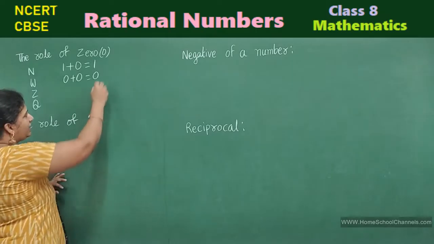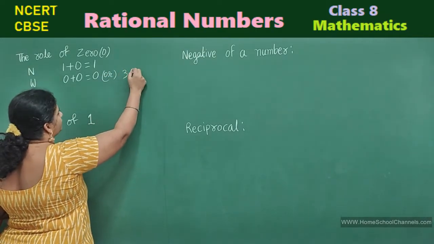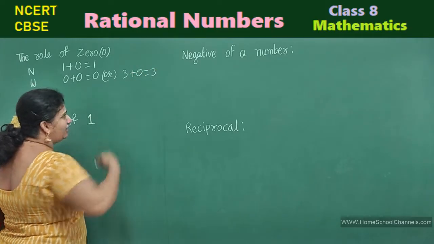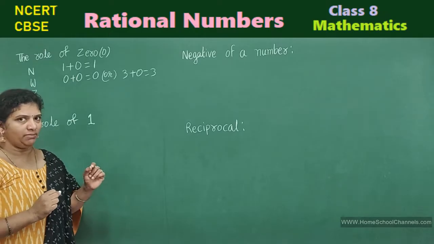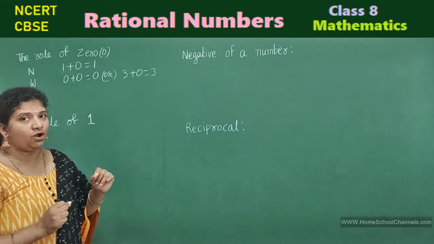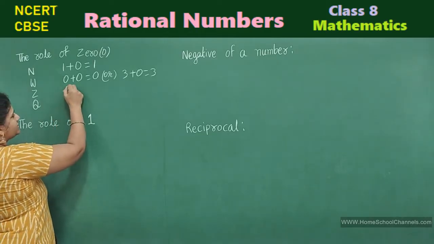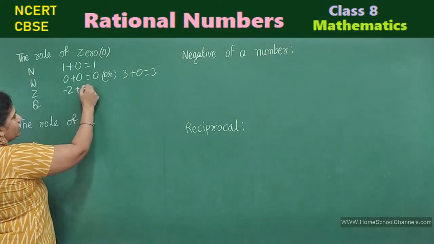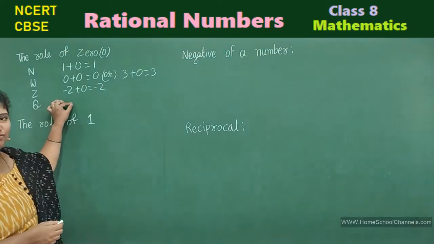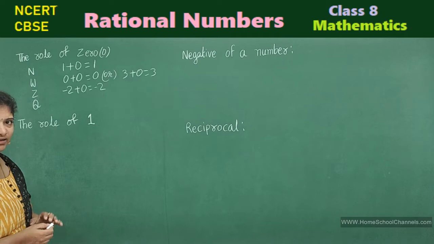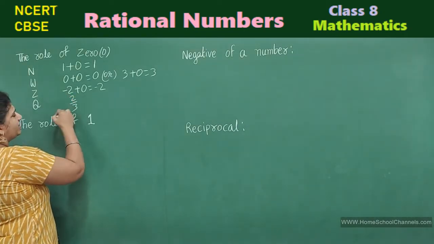Or if you take any other example, 3 is a whole number. 3 plus 0 will be 3. If you add a 0 to a whole number, the result is also a whole number. Next, integers. Minus 2 plus 0, you get minus 2. Or if you take 5 plus 0, 5 you are going to get. And let us now take any rational number. 2 by 3.